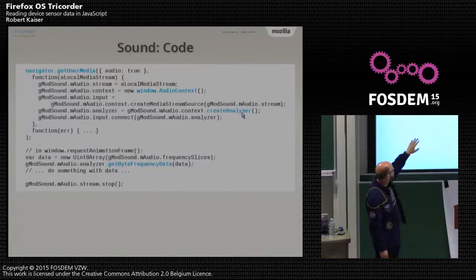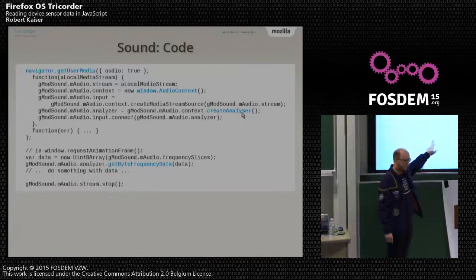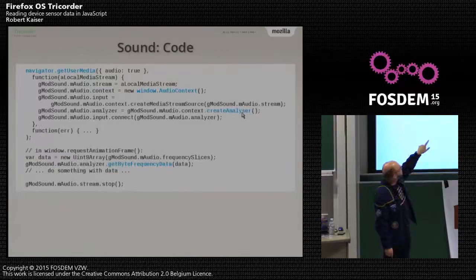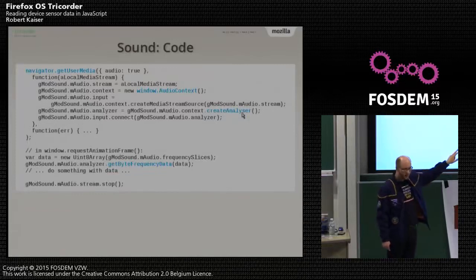First, we assign that local stream to a property. That's because of the cleanup. Of course, we want to turn off the microphone when we're leaving the module, so we need to stop the stream at that point. Then we create a new audio context, create an input, where for the input we specify a stream source, and that is the audio stream that we just got.